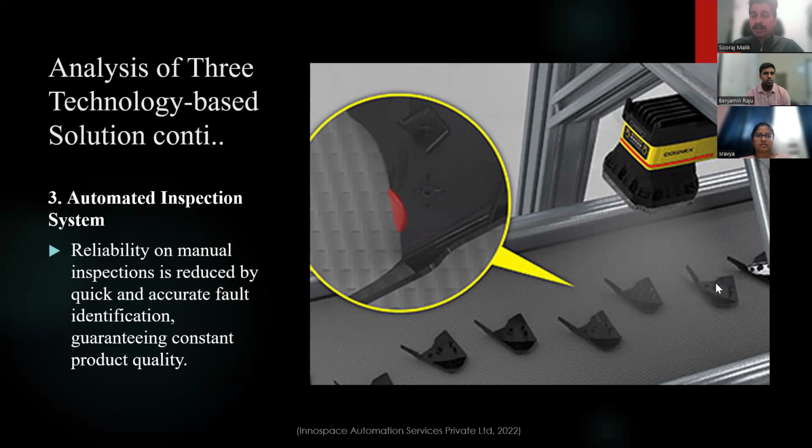Automotive components need 100% dimensional accuracy for better product satisfaction. By using an automated inspection system, we can easily identify these defects and guarantee constant product quality.